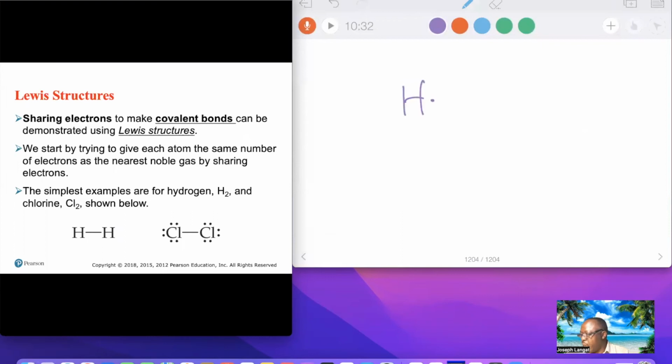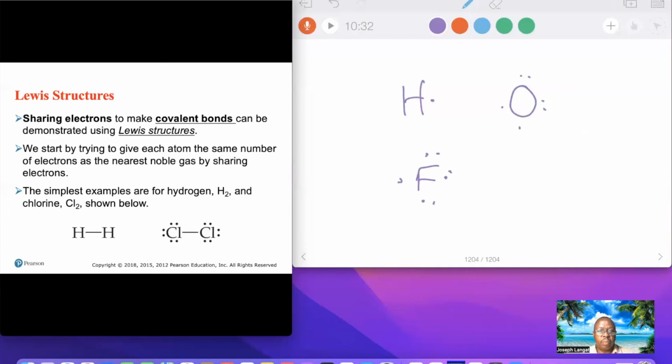Oxygen, let's see, 1, 2, 3, 4, 5, 6. Since there are 2 unpaired, oxygen predominantly forms 2 bonds. Fluorine, which is 1, 2, 3, 4, 5, 6, 7, has 1 unpaired electron, and that 1 electron will be used in chemical bonding.